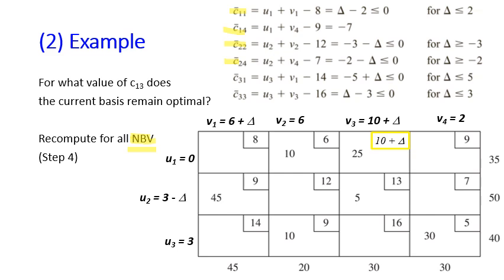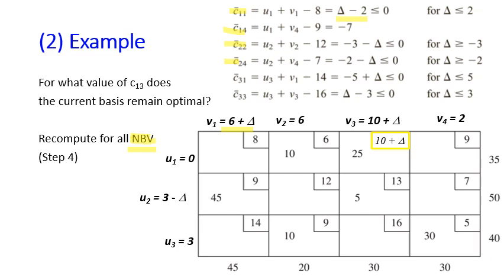And the formula is still the same: ui plus vj minus cij. So for example, the c11 hat is u1, which is 0, plus v1, which is 6 plus delta, minus 8. So you get delta minus 2.